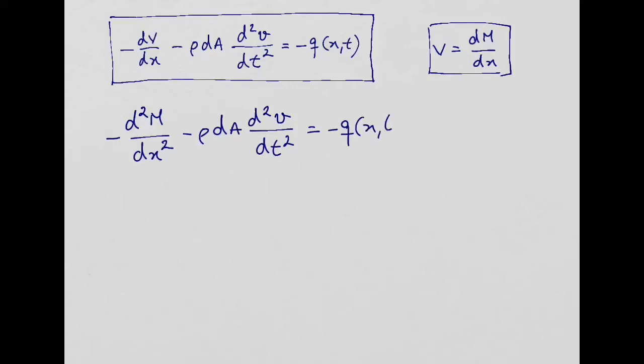So in this step, nothing special. The only thing I did, I just replaced the transverse shear force with the derivative of the bending moment. So we have now a second derivative in order to x, but it's now a second derivative of the bending moment.